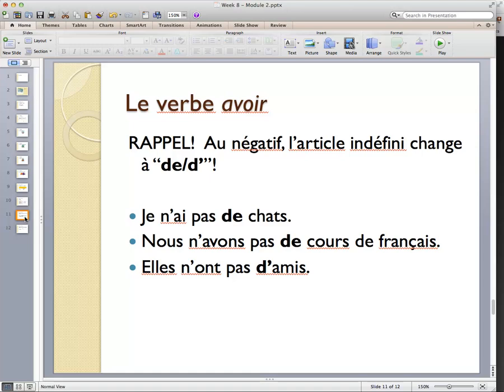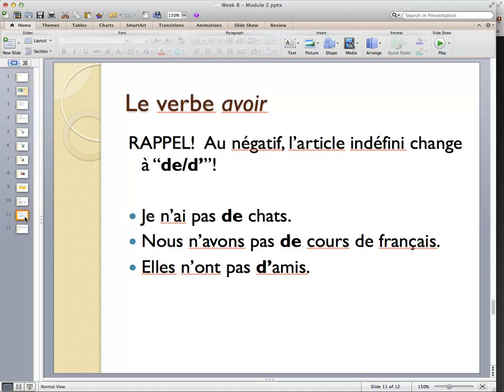In the negative, with the verb avoir, just like we had with the expression il y a, the indefinite article changes to de or d apostrophe. For example, if I use the same sentences I just had in the previous slide and I make them negative, I would say je n'ai pas de chat.